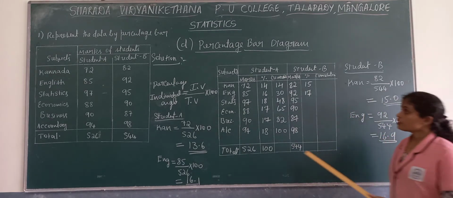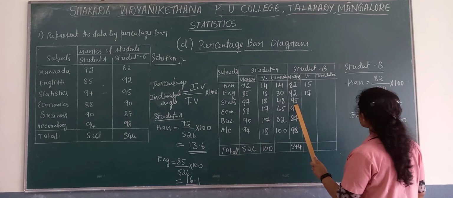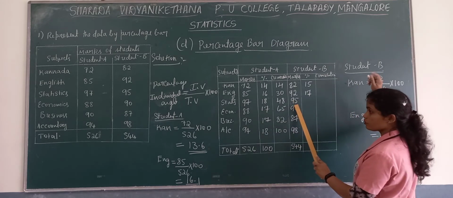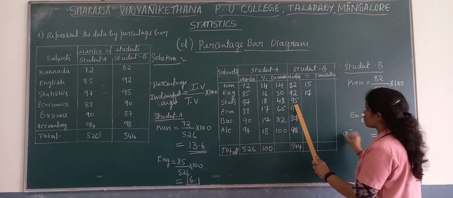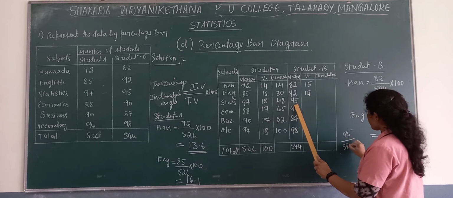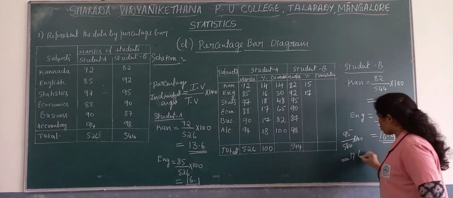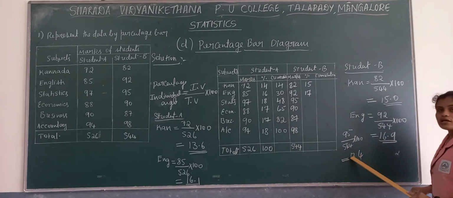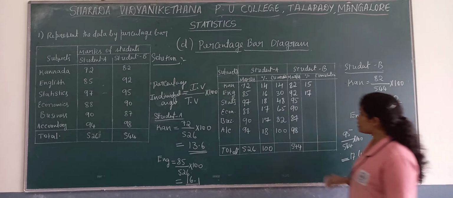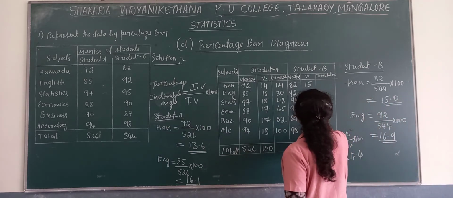Then the next one, the third one, is 95. I will write here 95 by 544 into 100. What do we get? We get 70.4. Since it is 4, we will write it as 17 itself.